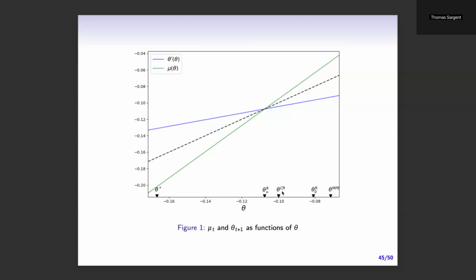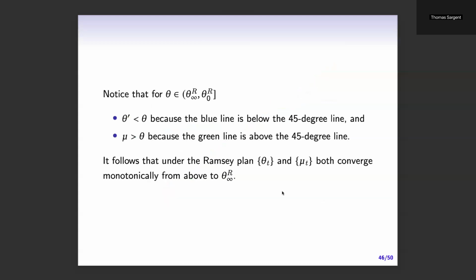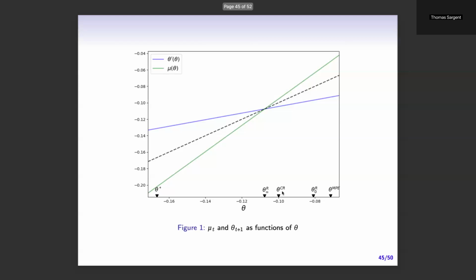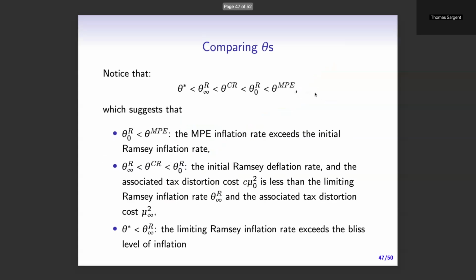I want you to look at this graph, which shows us the dynamics under the Ramsey plan. Then I want you to think about the economics and compare the thetas.